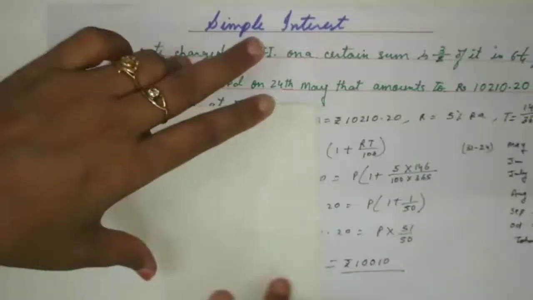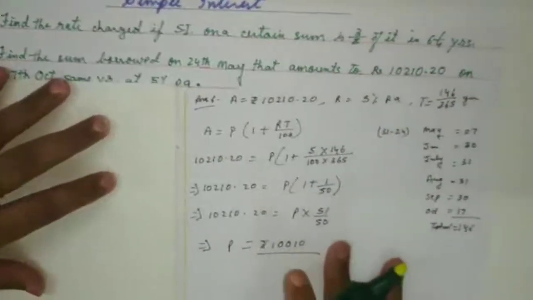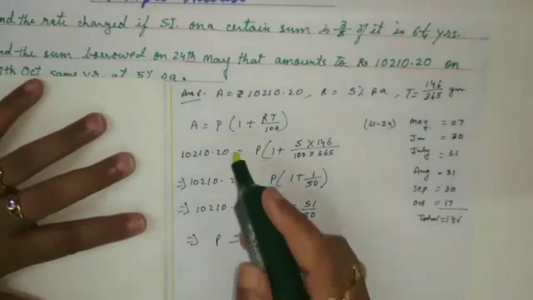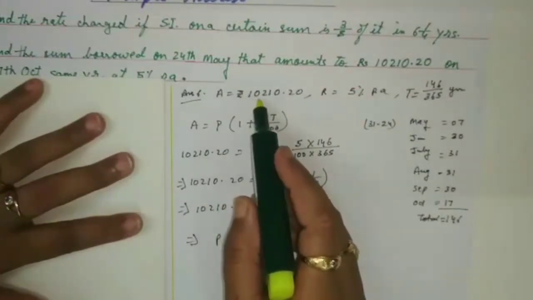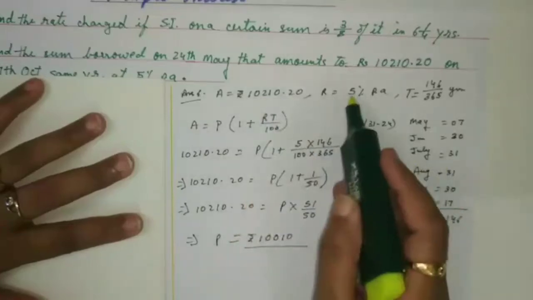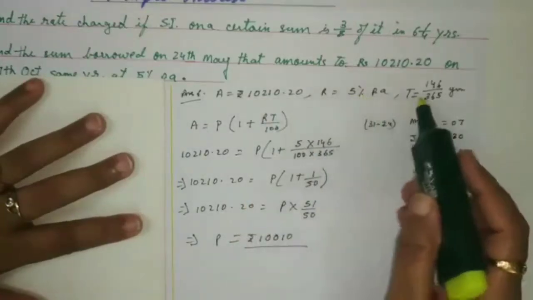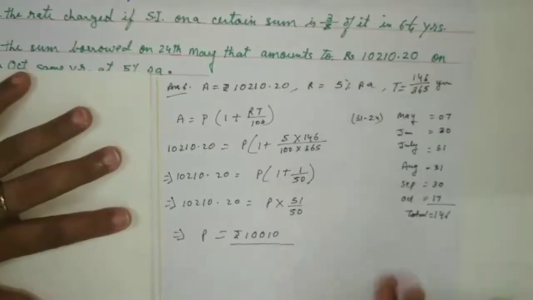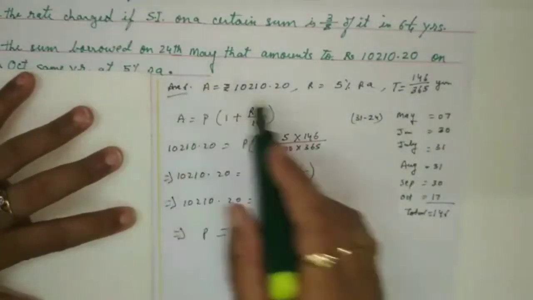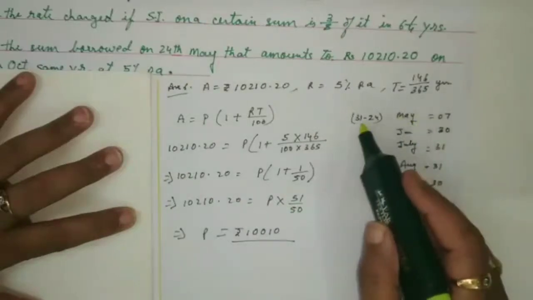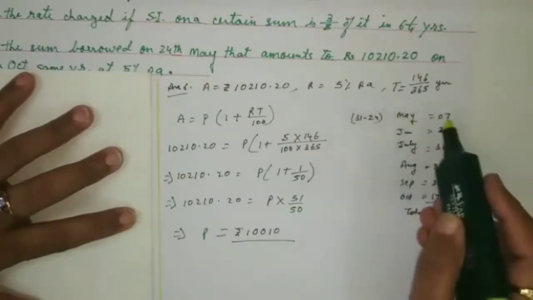So what we do is, first we write whatever is supplied to us in the question. Here, amount is given to us as 10,210.20. Rate 5% per annum. Time we need to calculate. How to calculate? The money was borrowed on 24th May. May is 31 days, so 31 minus 24, 7 days.